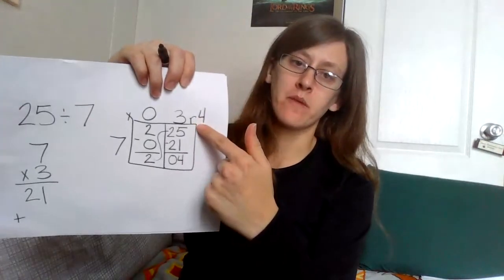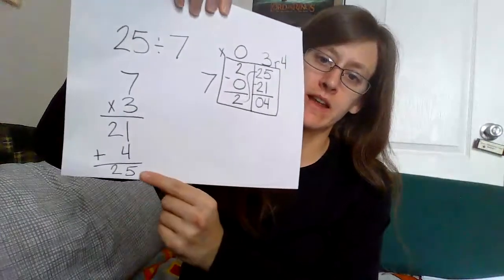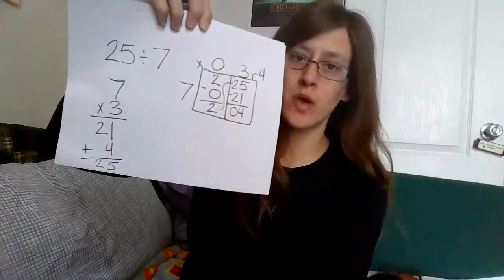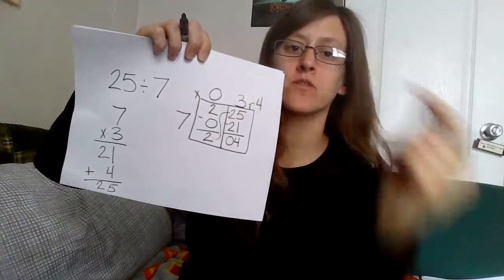So I'm going to do 21 plus my remainder 4. 1 plus 4 is 5. 2 plus nothing is 2. So again, if I get the same number here that I had inside my box, you have your quotient correct. 25 divided by 7 is 3, remainder 4.